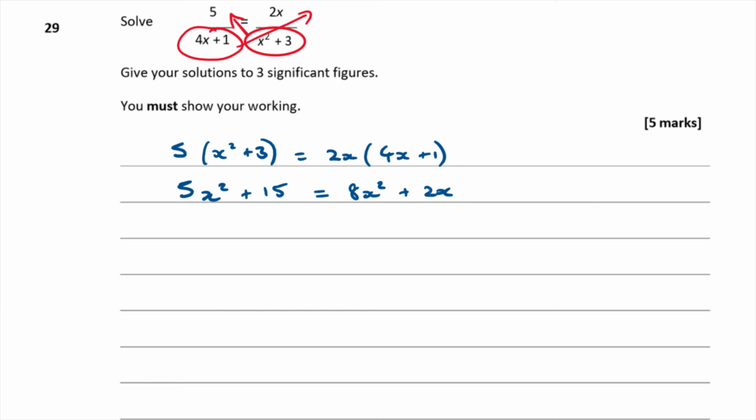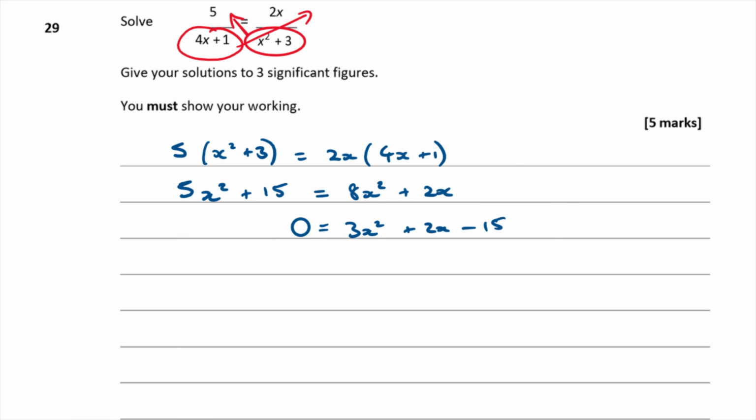I'm going to collect everything on one side, and move it over to the right so I keep my x squareds positive. Taking 5x from both sides, I end up with 3x squared plus 2x. Taking 15 from both sides, I end up with 0 equals 3x squared plus 2x minus 15.